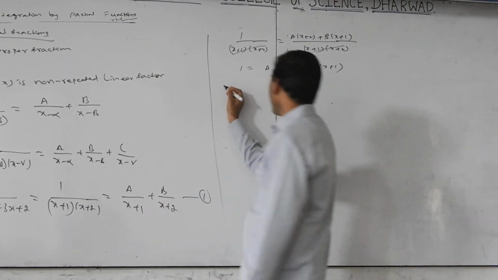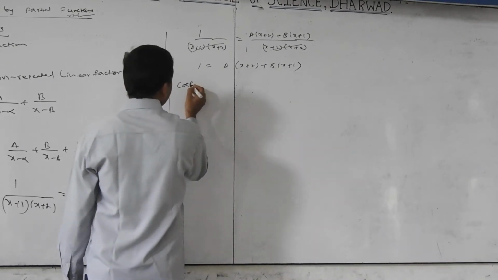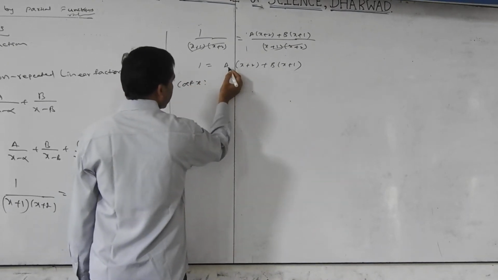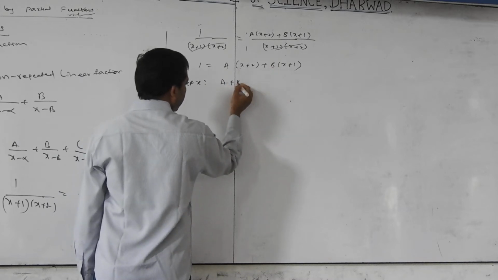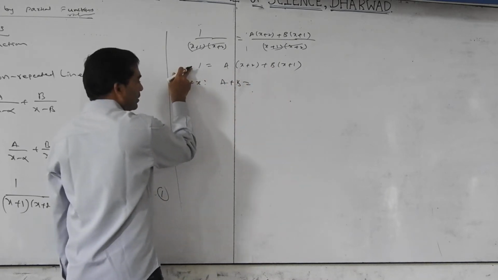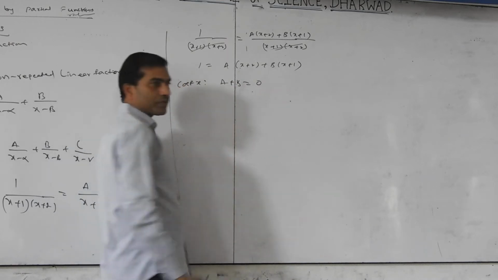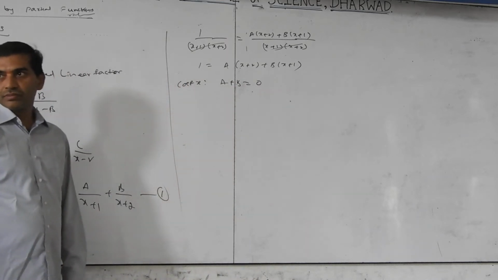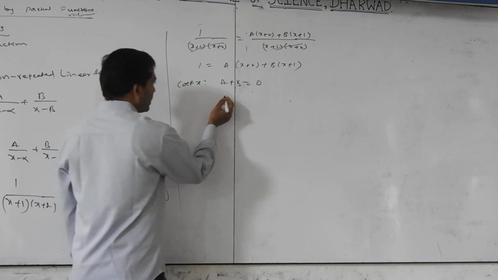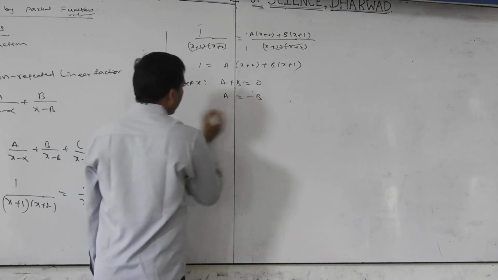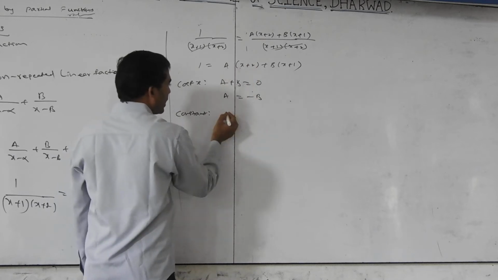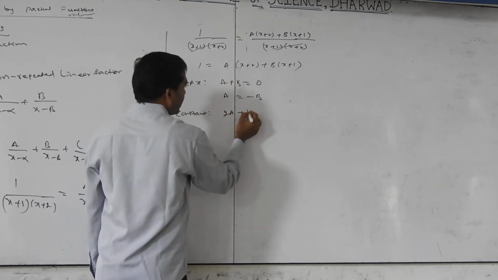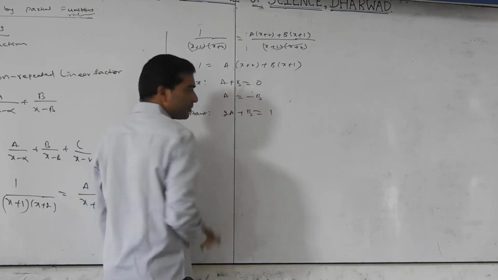Equating the coefficient of x: the coefficient of x is a plus b, equal to 0 on the left side. Therefore, a is equal to minus b. Now, the constant: 2a plus b equal to 1.